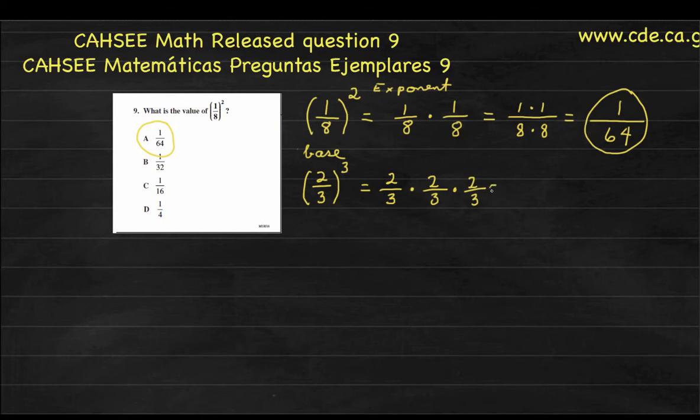Now all I have to do is multiply 2 times 2 times 2 for my top number, and 3 times 3 times 3 for the bottom number. 2 times 2 is 4, and then 4 times 2 is 8.